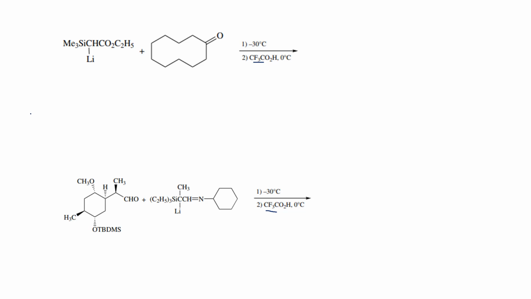Here the lithium is connected to this carbon, so obviously this will be the negatively charged, partially negatively charged. So what will happen? This negatively charged carbon will attack this carbonyl compound.